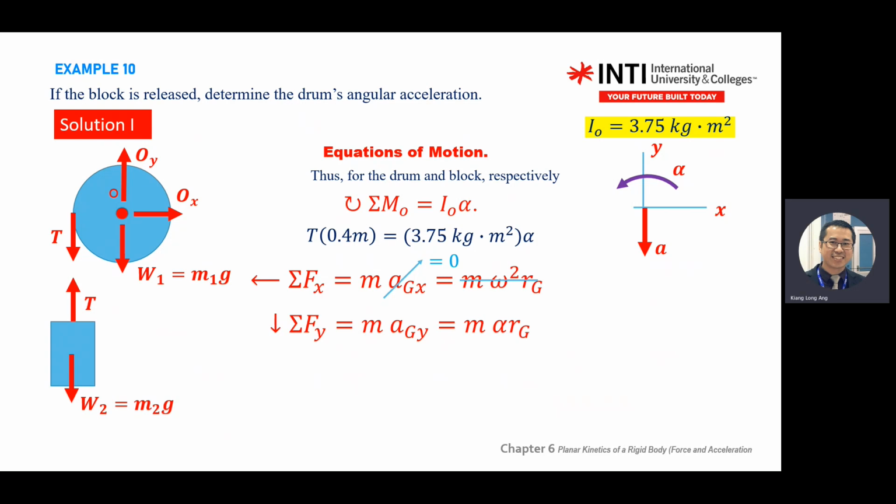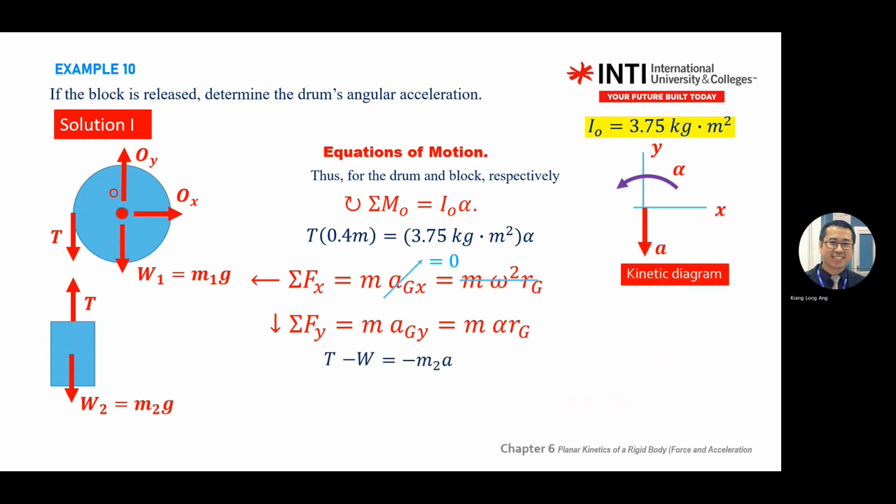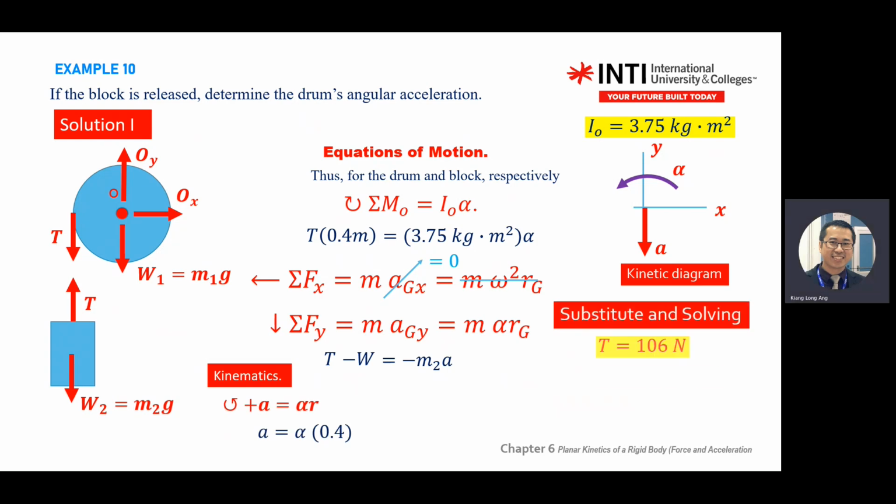Just remember here, your drum acceleration goes down, there's no normal acceleration. Why? Because the disc is pinned to a certain location, it cannot move. So there's no normal acceleration, but this is moving downwards. So you can cancel out. You solve the equation, you're able to find the answer.